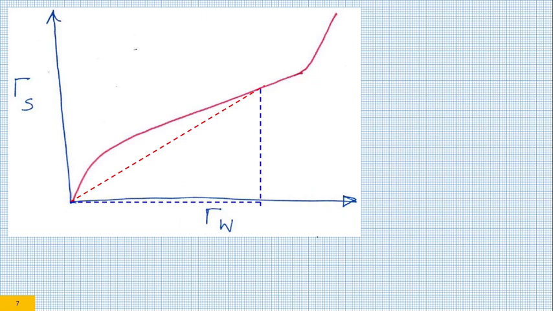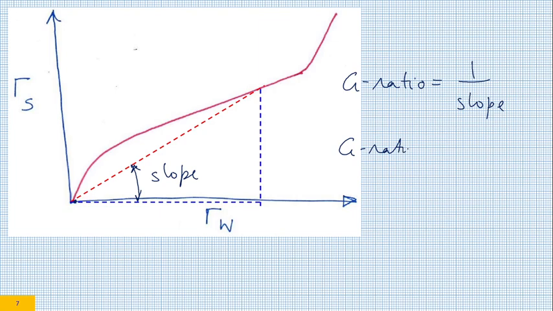Now let us come to something which is called cumulative grinding ratio, or simply it is said grinding ratio. If you do not have so much of data, what you can do is that you can say this is my slope from the 0th pass, and that will give you a grinding ratio of 1 upon slope, and that is gamma W divided by gamma S. However, this is called cumulative grinding ratio.